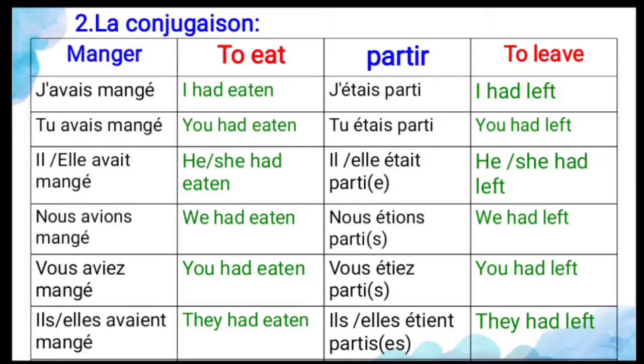So j'avais mangé, I had eaten, tu avais mangé, you had eaten, il avait mangé, he had eaten, elle avait mangé, she had eaten, nous avions mangé, we had eaten, vous aviez mangé, you had eaten, ils avaient mangé, they had eaten, elles avaient mangé, they had eaten.